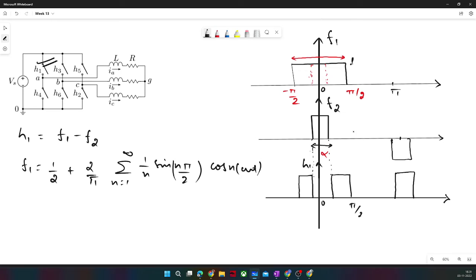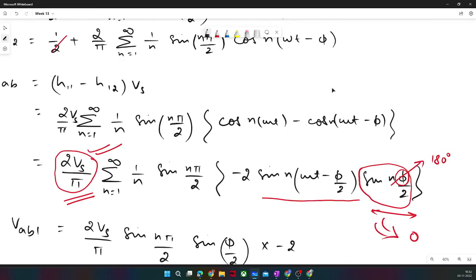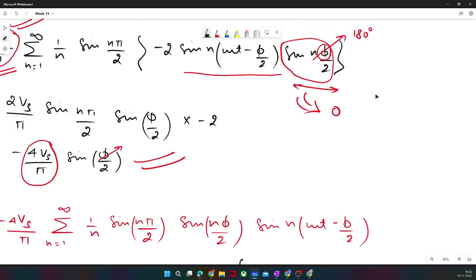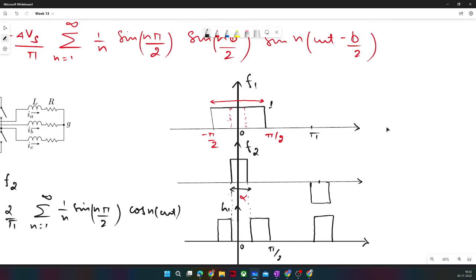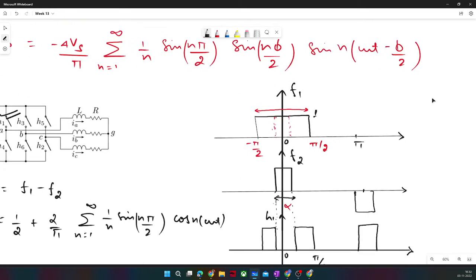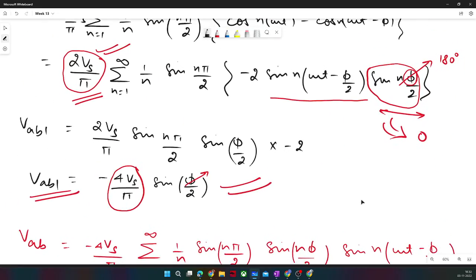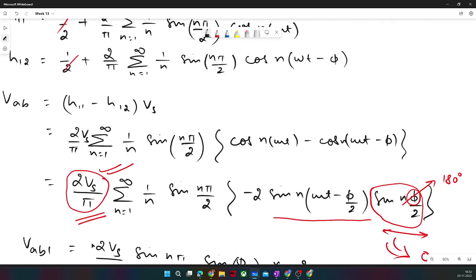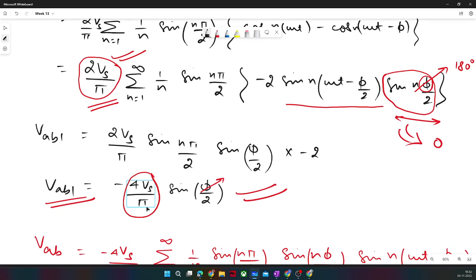Now, the issue remains with F2, and we calculated F2 by treating two signals above. Here F2 is similar to this kind of signal with some shift, right? This VAB signal is similar to F2, and it has shifted with pi. So that we will use here, and I will write F2 as 4 by pi Vs into sine n pi by 2 and all the components.